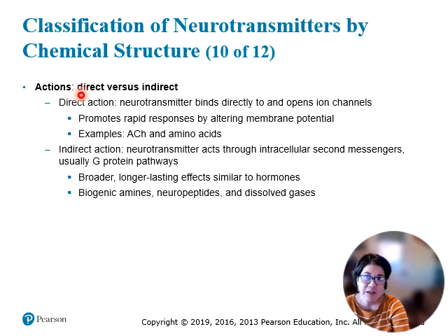Okay, actions: are they direct or indirect? Those are the two types of actions. A direct action is the neurotransmitter binds to the ion channel and causes it to open. Or indirect, the neurotransmitter serves as an intracellular second messenger with G protein. I'll show you that.